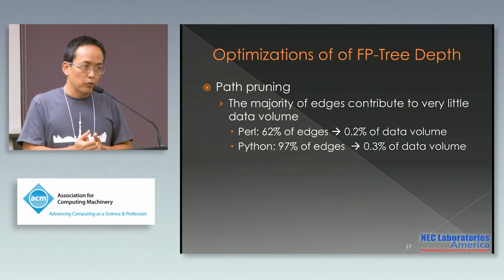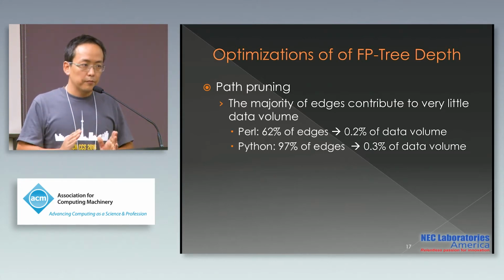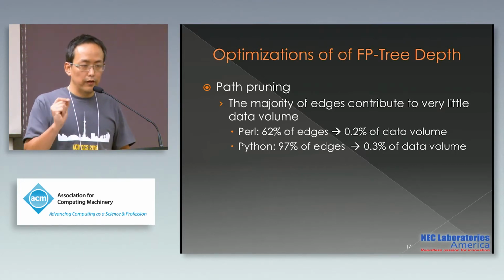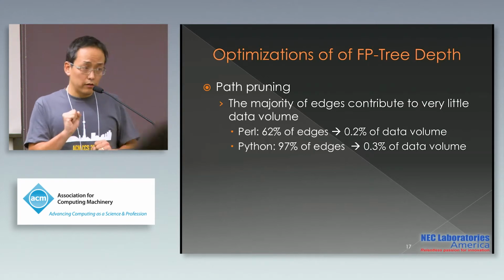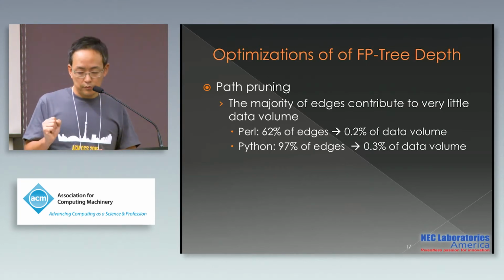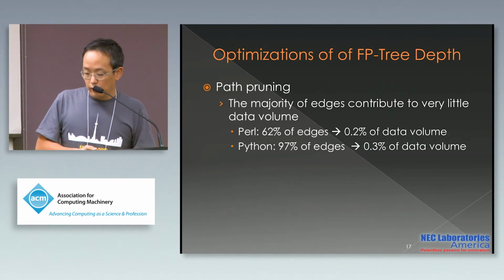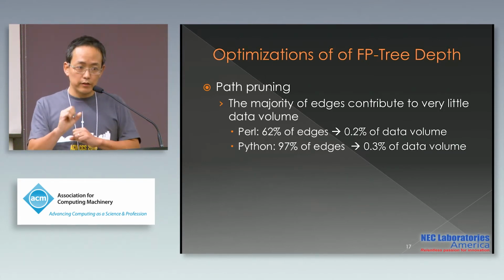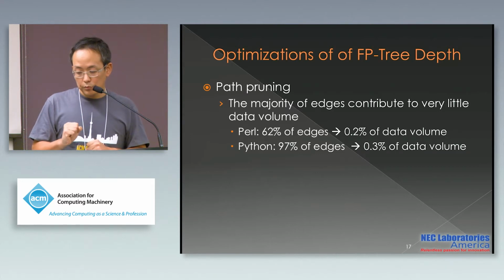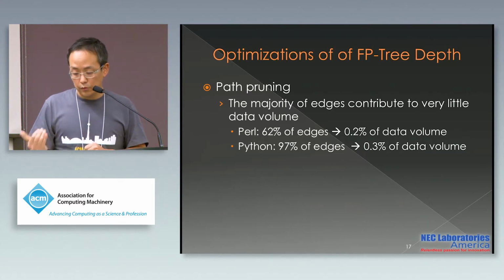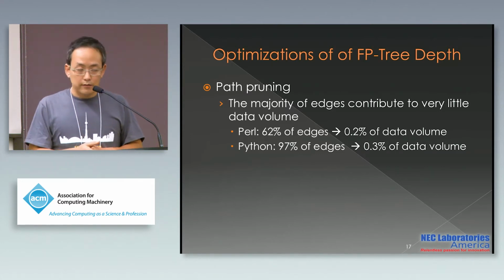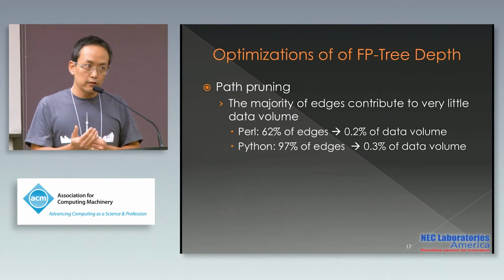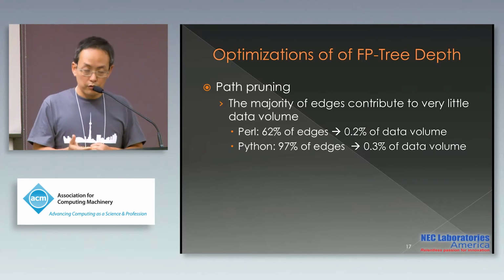From our data set, we saw that a lot of edges, which define the ordering relationship between files, not the files themselves, are irrelevant to the actual data volumes. In our case, for Perl, 62% of edges, which define the relationship between the files, only contributed 0.2% of data volumes. In the case of Python, the situation is even worse: 97% of them only contribute 0.3%.